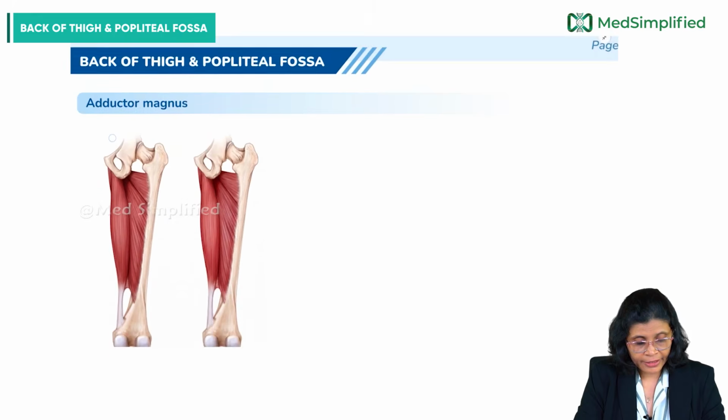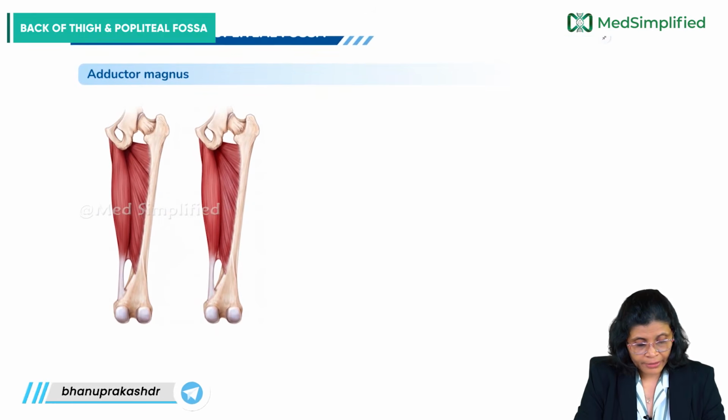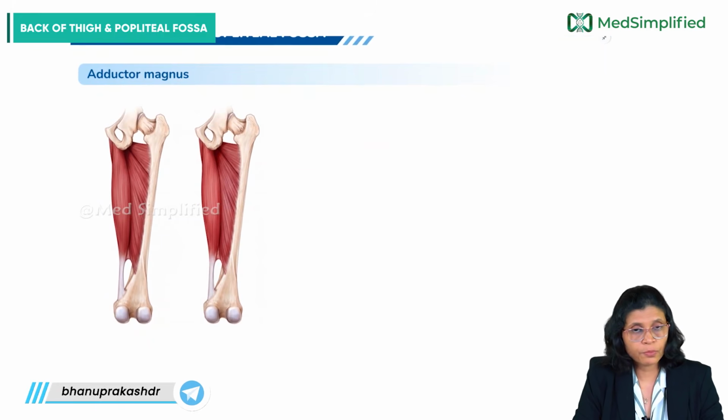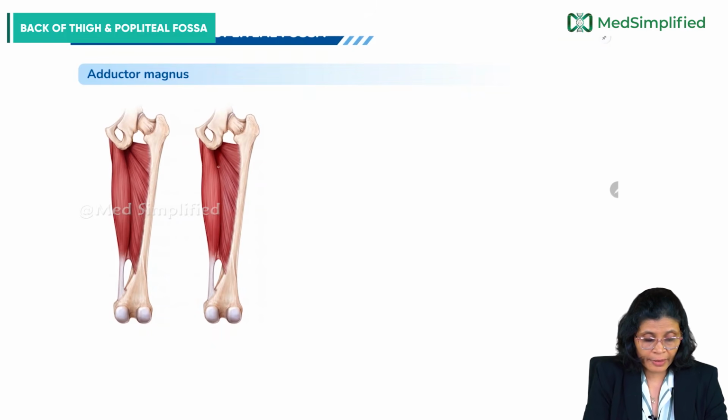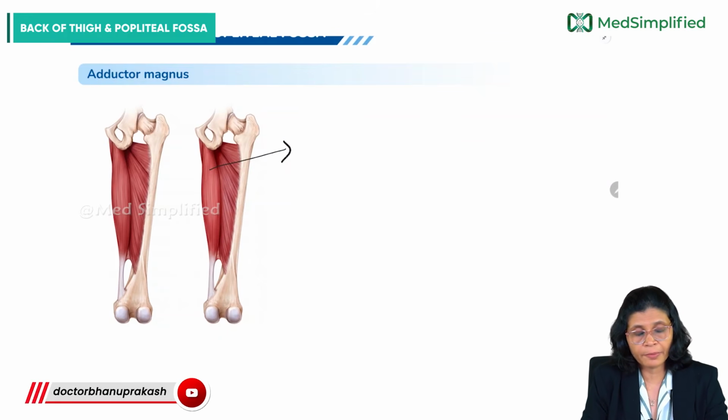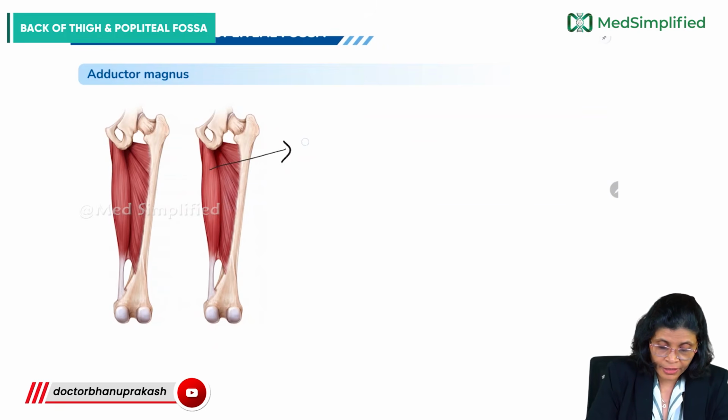Next, let's see the adductor magnus. The adductor magnus will have two parts: it has the adductor part and the hamstring part. The hamstring part, we learned, has its origin from the lower, that is, the triangular part of the ischial tuberosity, from the lateral aspect.